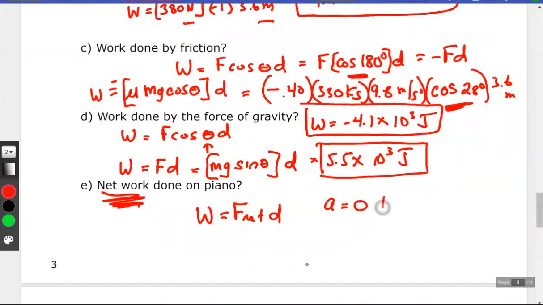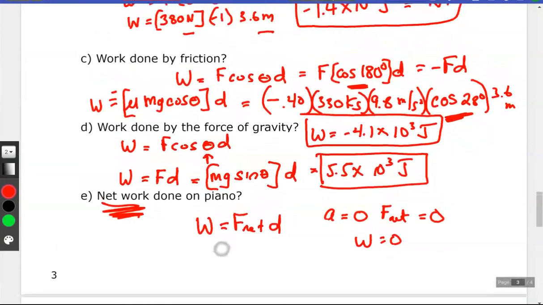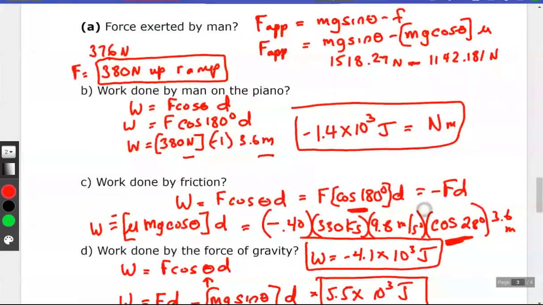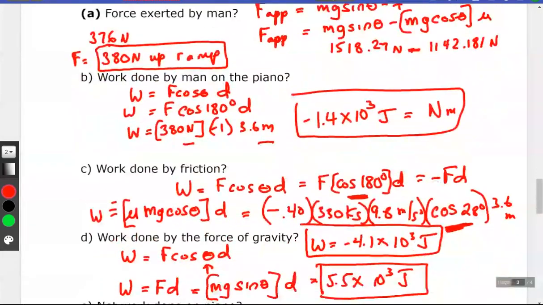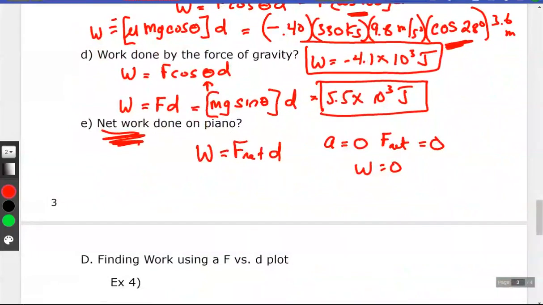There is no acceleration, so what Newton would say is the F net is 0, so the work would be 0. And if you add up all the different works that I got, all these things in boxes, all the positive and negative works, they should add up to 0. They may not because of rounding, but so what you get is this.